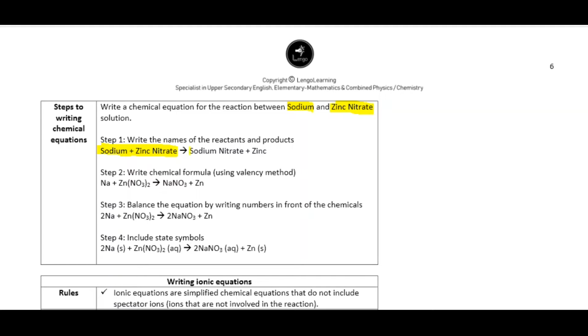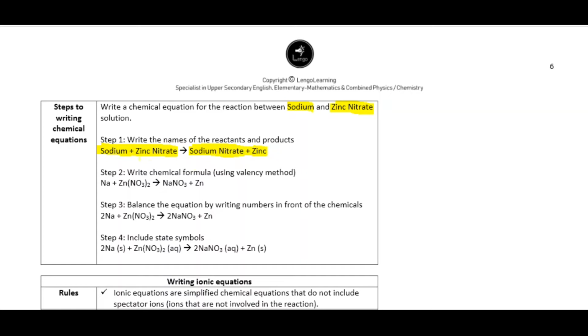So it will form sodium nitrate, and zinc will be kicked out of the zinc nitrate, which is called a salt. The zinc ion will be kicked out of the zinc nitrate salt to form zinc in its pure elemental form. So this is basically the whole equation in its word form: sodium will react with zinc nitrate, these are the reactants, to form sodium nitrate and zinc as products, right?